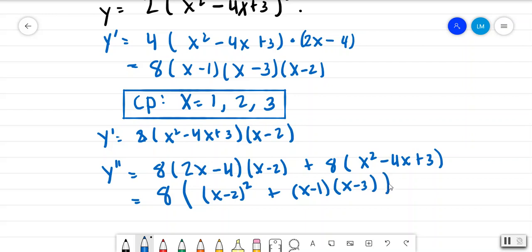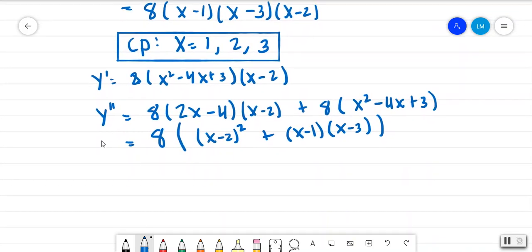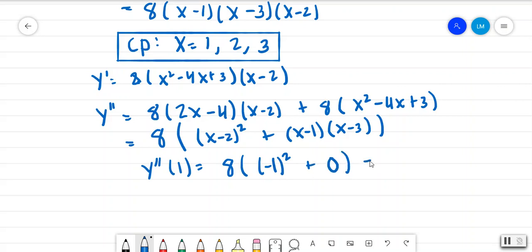Now if I plug in 1, you're going to get that it's positive. So y double prime of 1 is 8 multiplied by (negative 1) squared plus 0. So this is just going to be 8, which is positive.